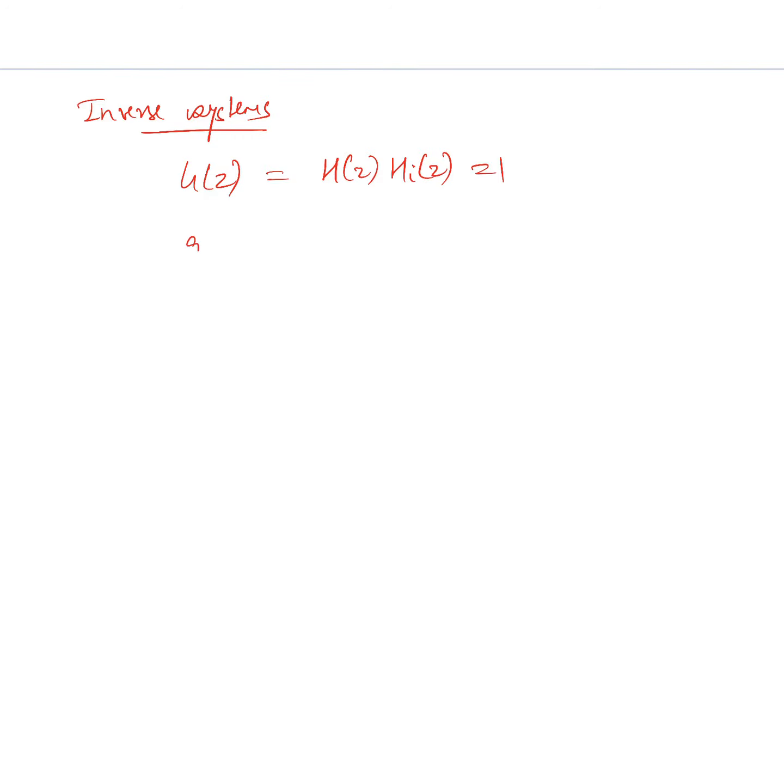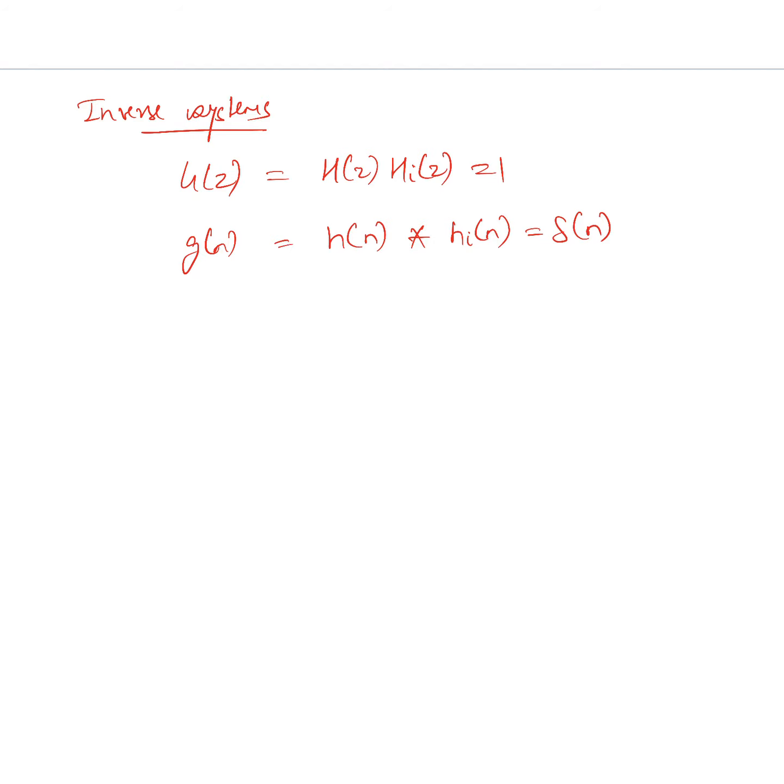Or in the time domain, g of n would be equal to h of n convolved with hi of n, which would be equal to delta of n. Okay, this is the definition of the impulse response.